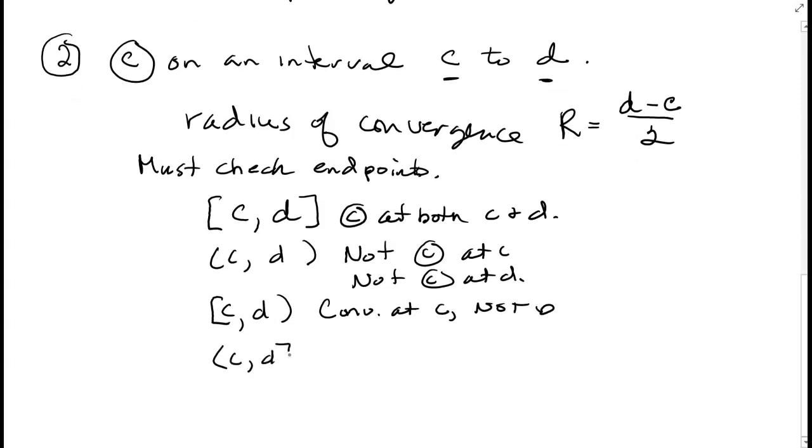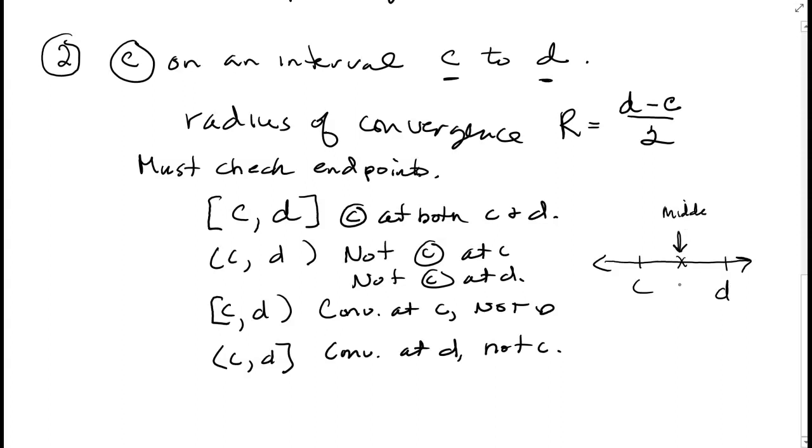And here it converges at D, not C. And also your radius, if you think of a number line, right? Here I have C, and here I have D. Somewhere is the middle, right? This is your radius.